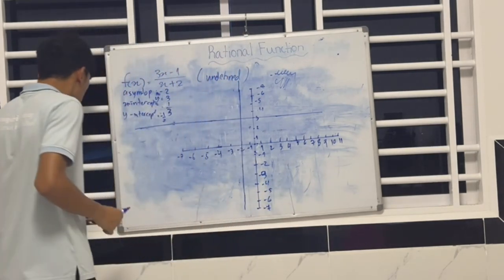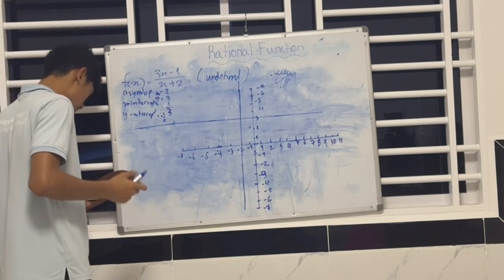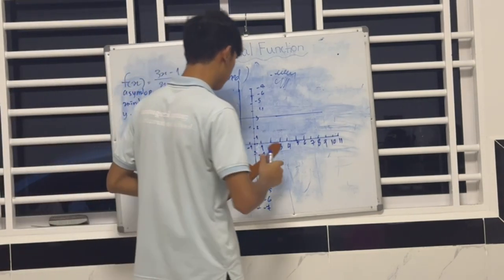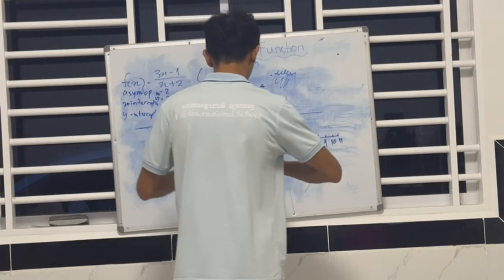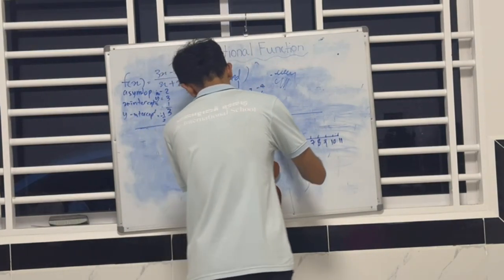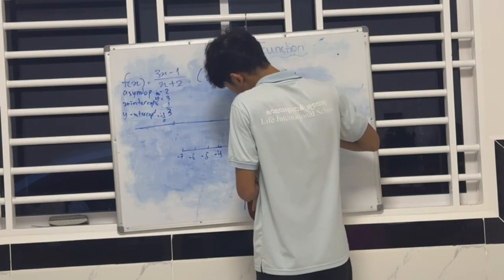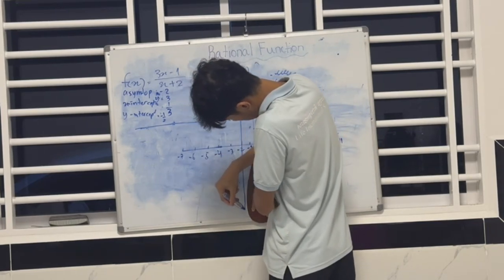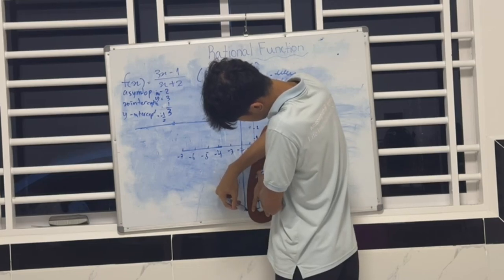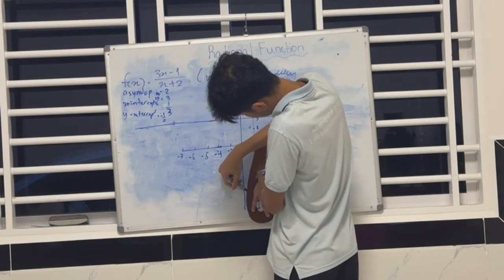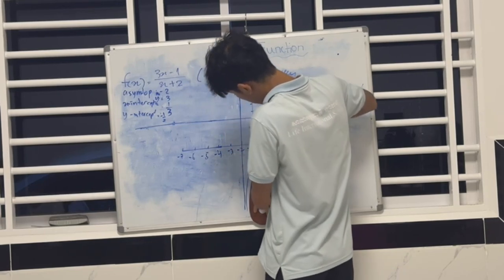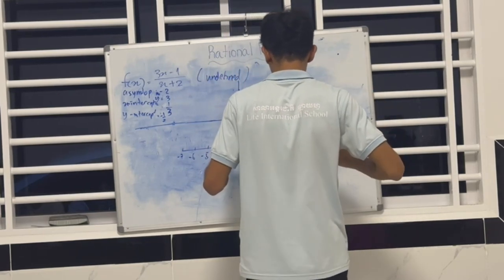So we're going to measure it with our parabola. Like this. Remember, the line cannot overlap with the intercept. We're going to go like this. After that, we're going to draw around here.